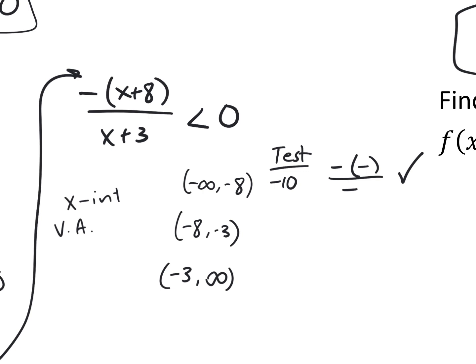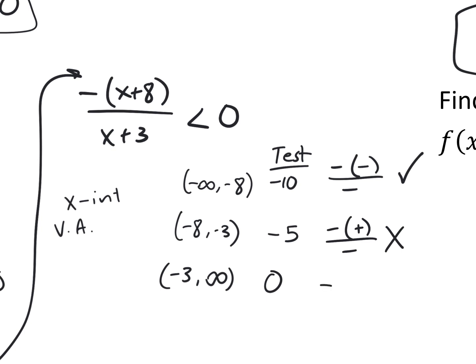If I were to plug in, say, negative 5 on the interval between the asymptotes and the intercepts, I would get a negative times a positive in the numerator and a negative in the denominator, and a negative divided by a negative is positive. We're looking for negative values. And then finally, I can use whatever I like. Let's use 0 here.